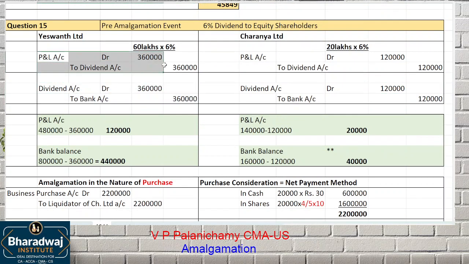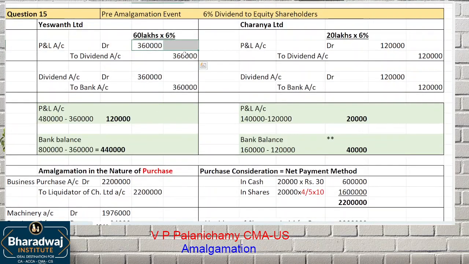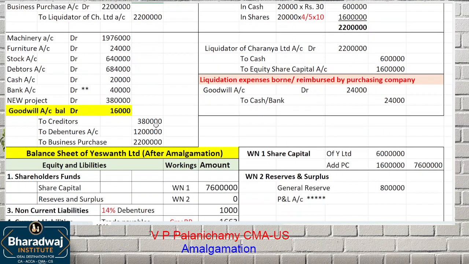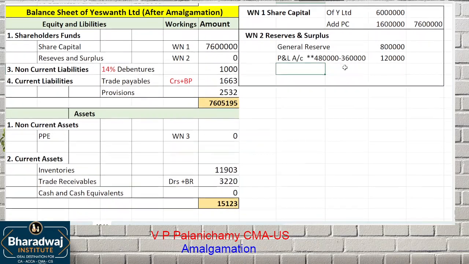How much of dividend got adjusted? 3,60,000 got adjusted. 4,80,000 minus 3,60,000, how much will be there? 1,20,000. P&L account. That adjustment we have already done. Out of 4,80,000, 3,60,000 of dividend has been paid. Balance 1,20,000 will come.